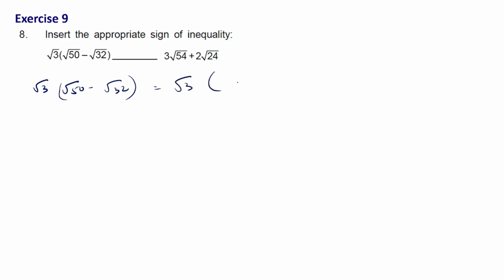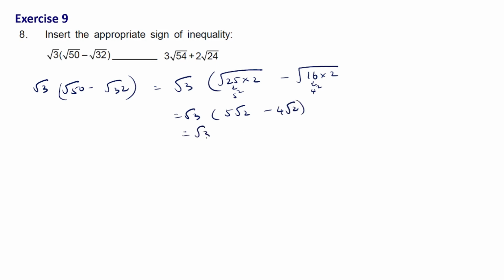Root 50 we can write as 25 into 2, and root 32 as 16 into 2. So 25 is 5 square and 16 is 4 square. So this is root 3 into 5 root 2 minus 4 root 2. 5 root 2 minus 4 root 2 is root 2. Root 3 into root 2 is root 6.